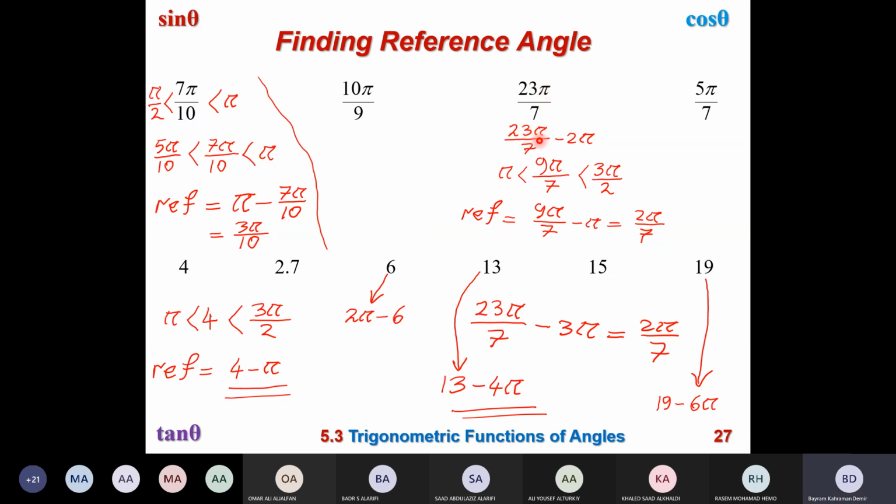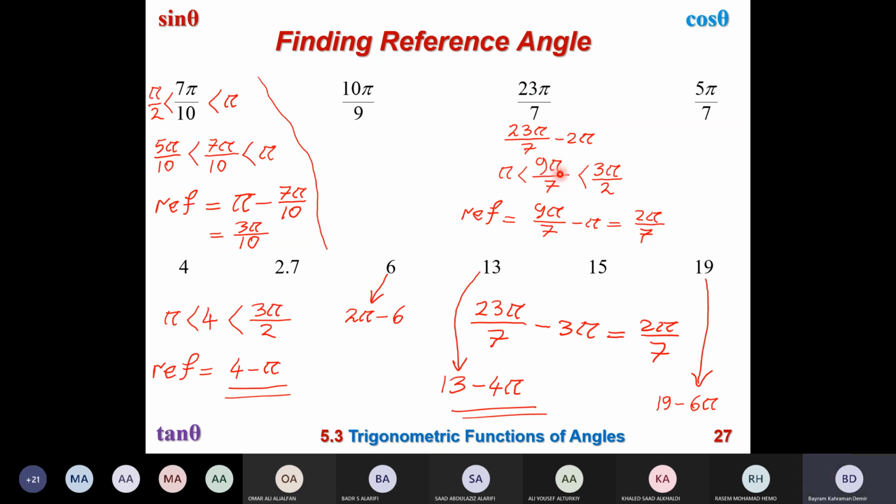So let me find the coterminal first, Shabab. I subtract 2 pi. When you subtract 2 pi, you will get 9 pi over 7. This is coterminal, Shabab. Now forget about 23 pi over 7. Look at 9 pi over 7.